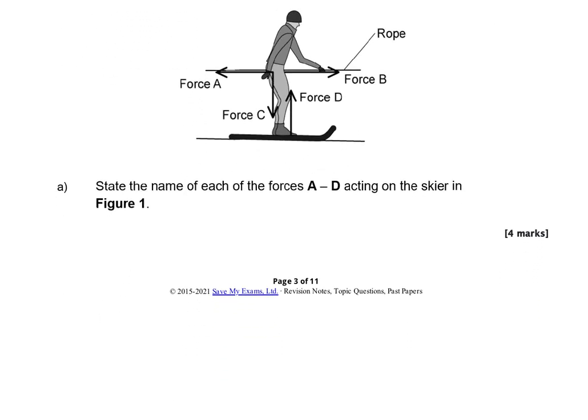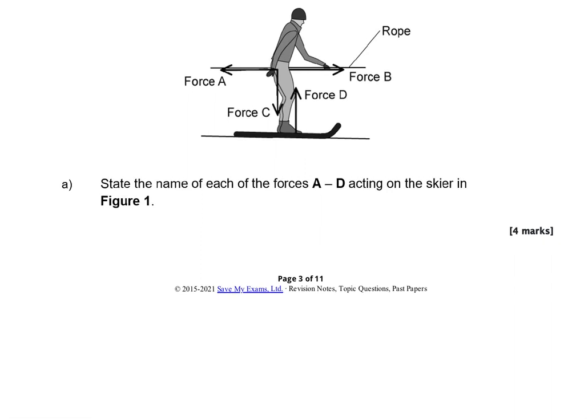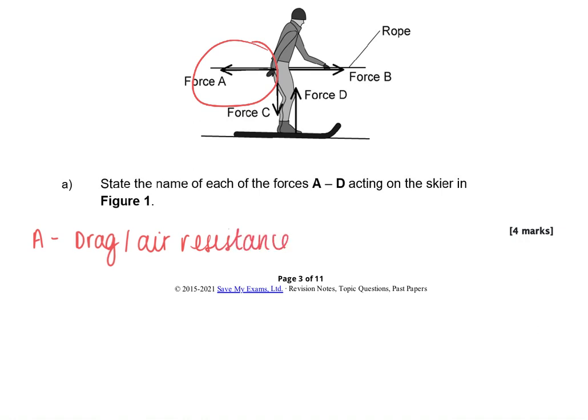So I'm going to give a couple of alternatives for some of these, but we'll start with A. So that's our force going backwards. So we can call that the drag, the air resistance, or it could be the friction. Any of those are acceptable. B, that's going forward. That's the tension in the rope. It does say in the question, it calls it the tension.